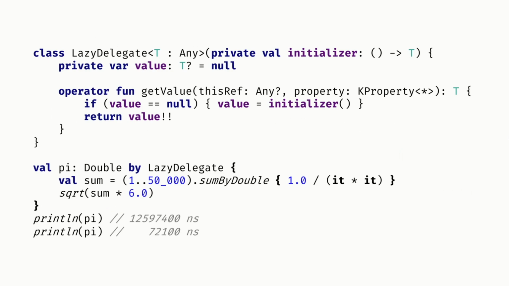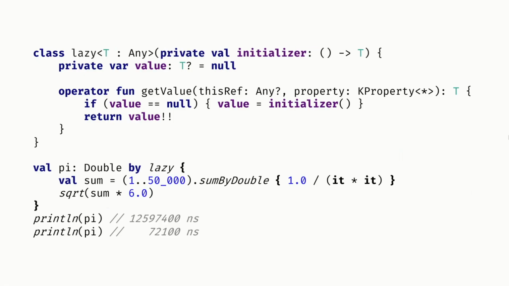And then the other improvement we would want to make is instead of naming our class, we would like to see the word lazy there as syntax, which would be the same as what the standard library has again. And there are a couple different approaches to getting to this syntax. The lazy way, pardon the pun, would be to just rename the class lowercase lazy. And this would get us to the syntax, but it breaks all kinds of conventions about naming Kotlin classes.